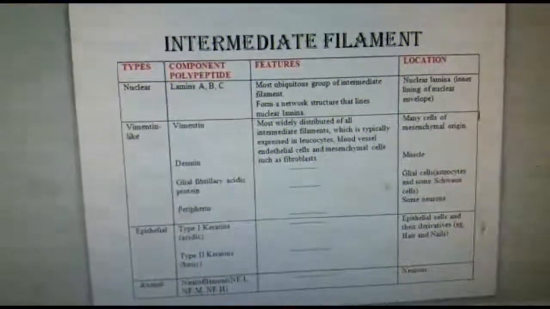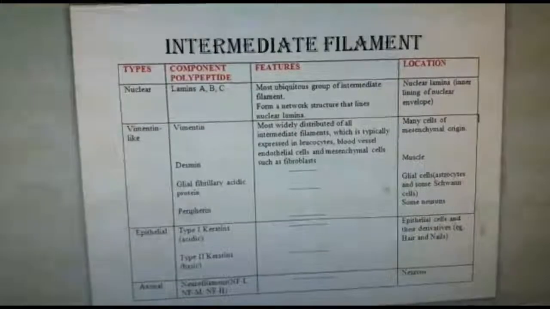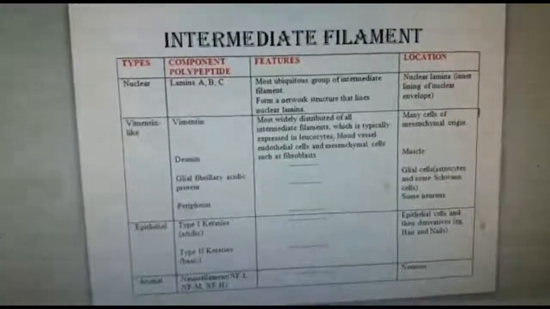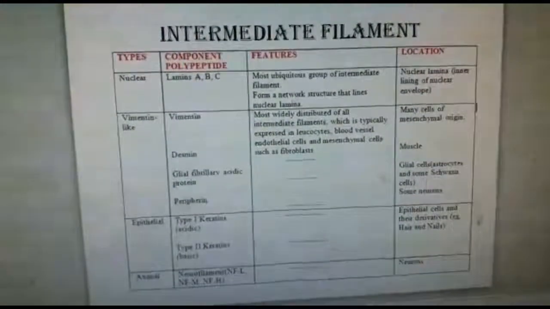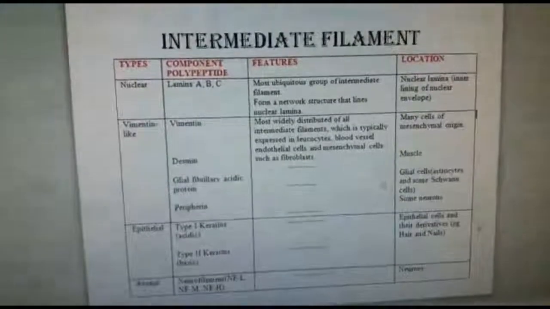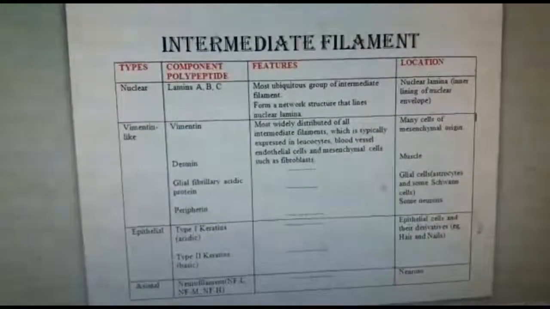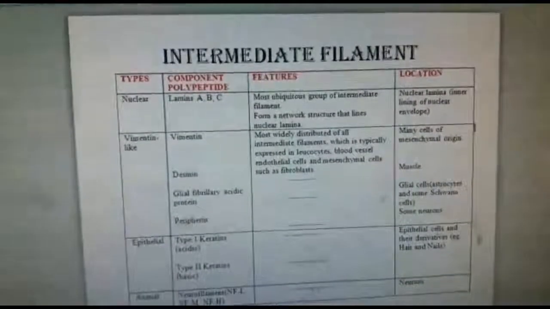Intermediate filaments. Intermediate filaments are rope-like cytoplasmic filaments of just about 10 nanometer diameter. These filaments are found in many metazoans, including vertebrates, nematodes and mollusks, but not in plants and fungi.